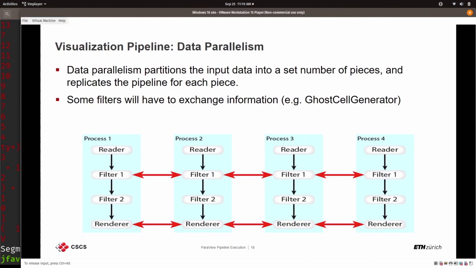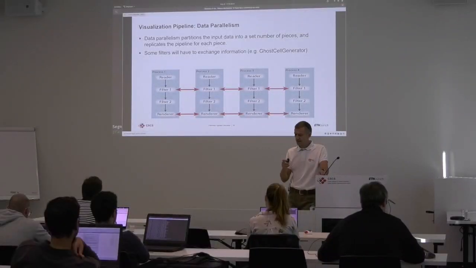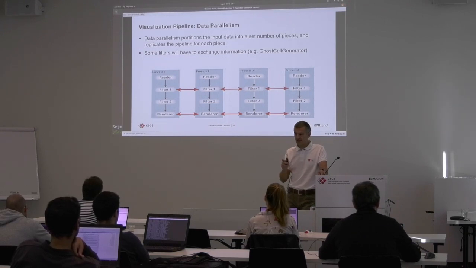If you have a structured grid, for example, the grid of before of size 2048 by 1024 by 1024, you can easily divide this grid into one piece, which is 1024 cube, and a second piece, which is 1024 cube.